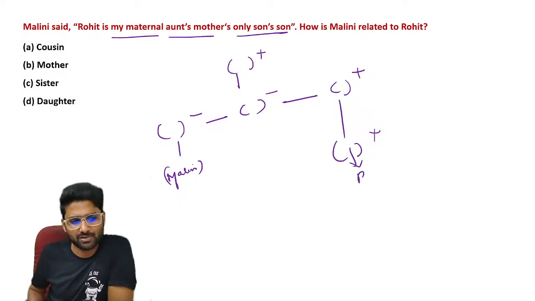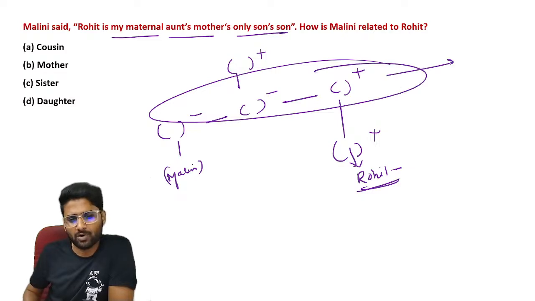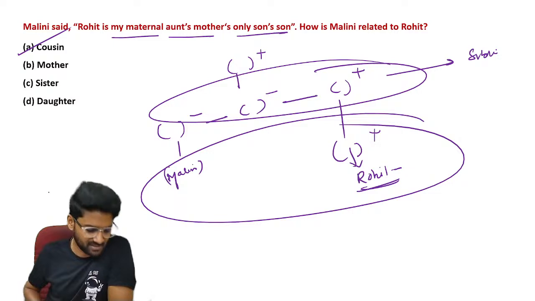So his name is Rohit. So we can conclude that all these three persons are siblings. Siblings' children are cousins.